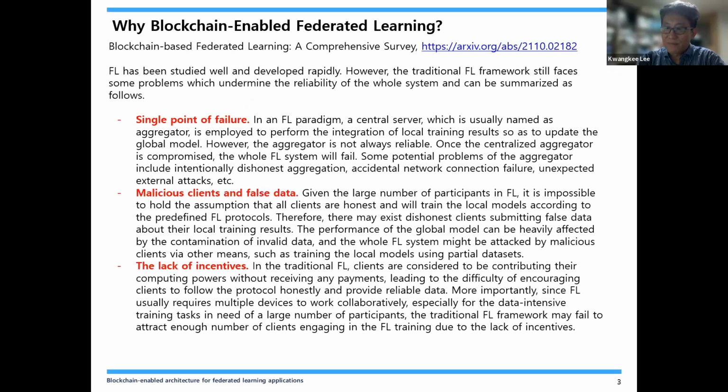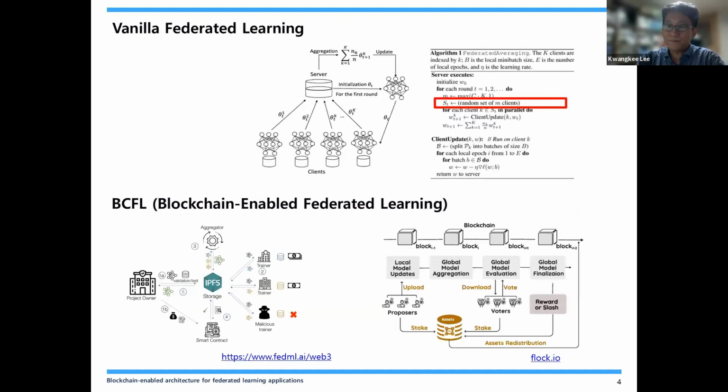As we know, while FL technology has made significant advances, it still faces challenges such as single point of failure, malicious clients and false data, and the lack of incentives. Recently, blockchain has been widely identified as a potential solution to address the above-mentioned issues. Vanilla federated learning is based on a traditional client-server architecture, in which a trustworthy central authority is needed for coordination.